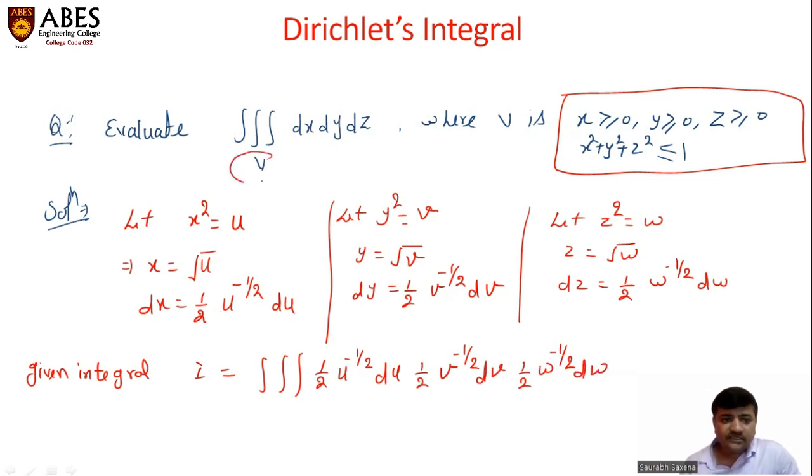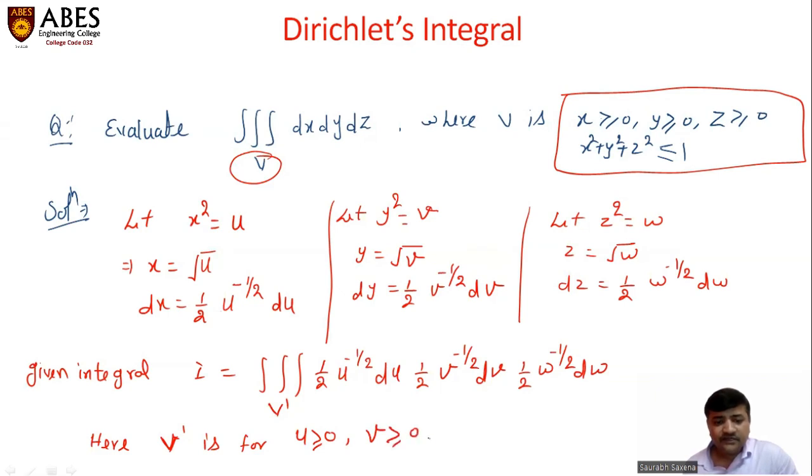Here the region of integration was given in terms of x, y, z, and it was named V. We will consider our new region as V dash, which represents the region in the UVW system. If x is greater than or equal to 0 and u is x square, then u will definitely be greater than or equal to 0.